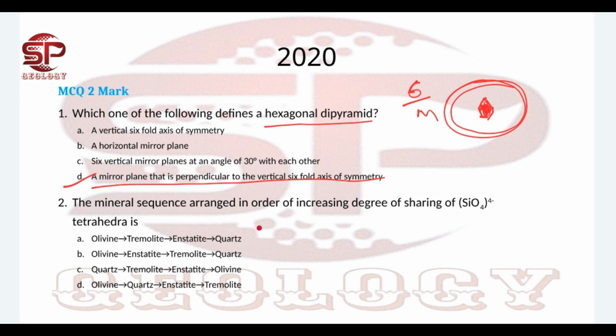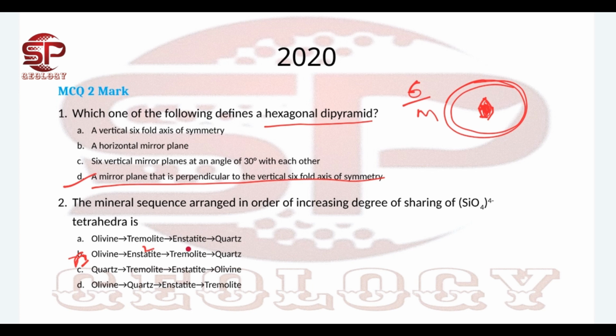The mineral sequence arranged in order of increasing degree of sharing of Si tetrahedra. The question repeats again, but this time, instead of the silicate structure, examples are given. We follow the same approach. Nesosilicate, that is olivine here, so zero sharing. Then enstatite, an orthopyroxene, belongs to single chain, so it will share 2.